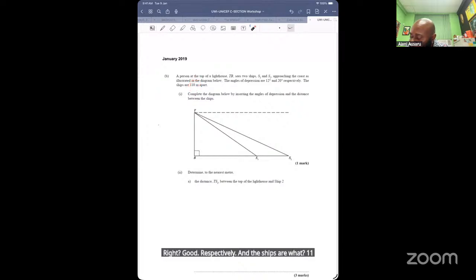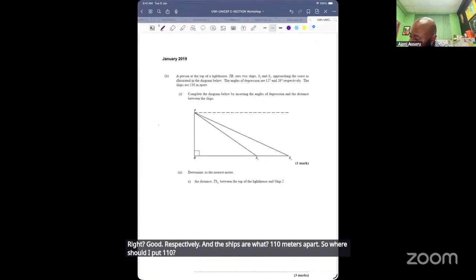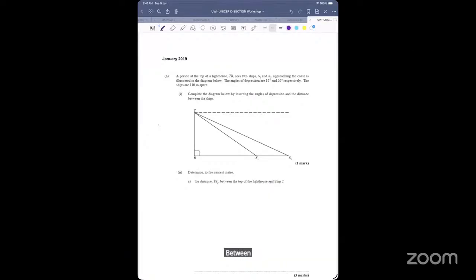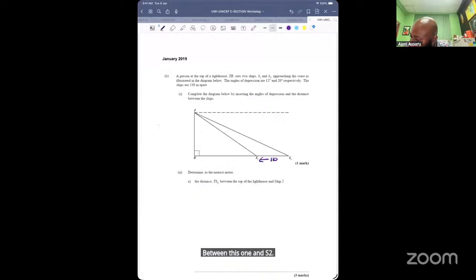And the ships are 110 meters apart. So where should I put the 110? That's the easy part. Where should I put the 110? Between S1 and S2. Beautiful. 110, right? Yes, 110. That's correct. Everybody agree with that?